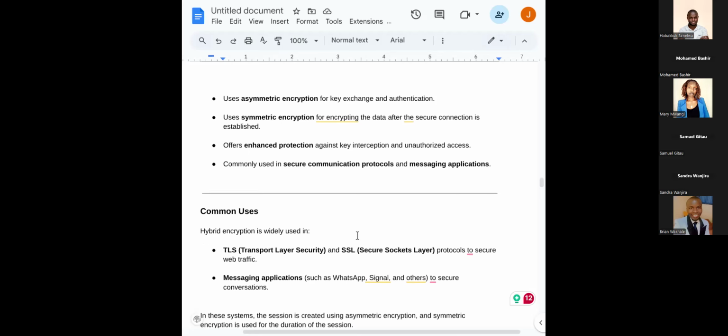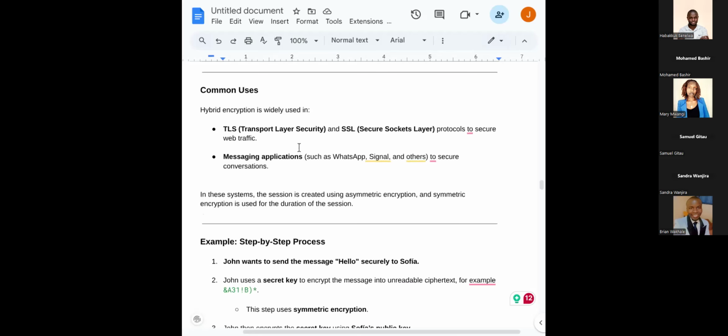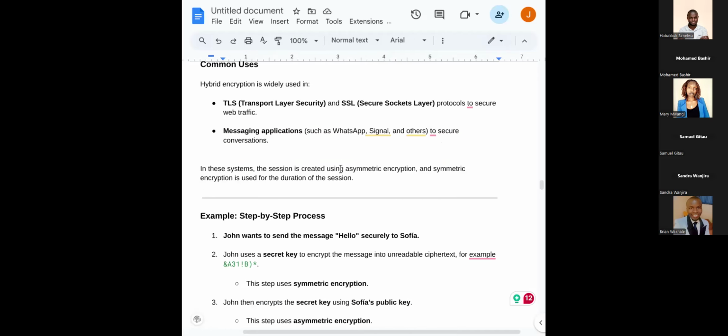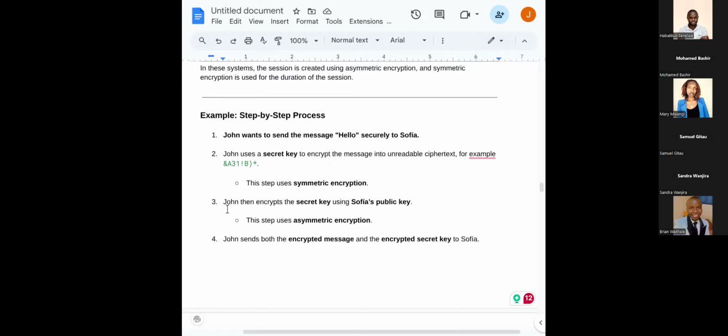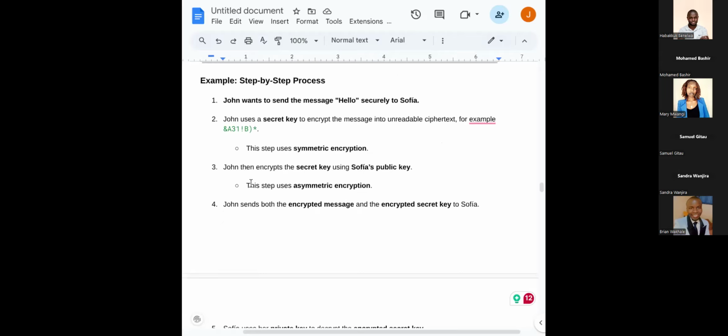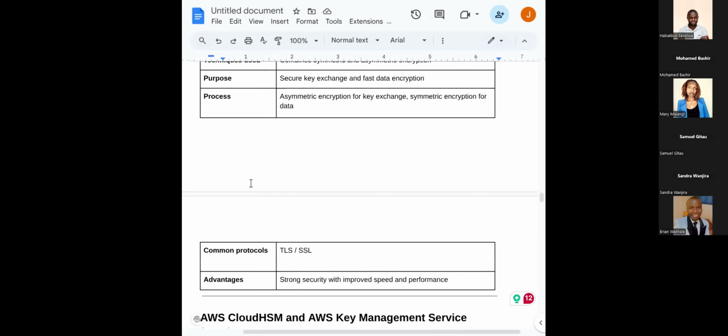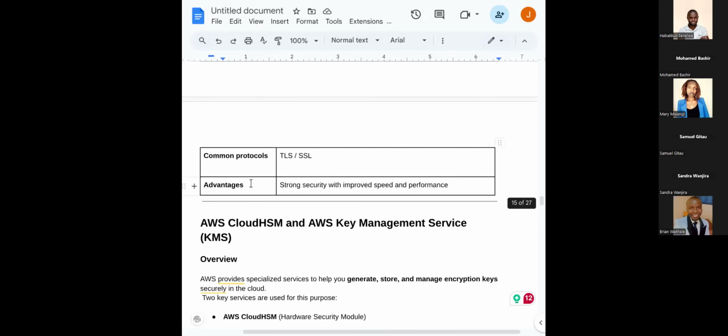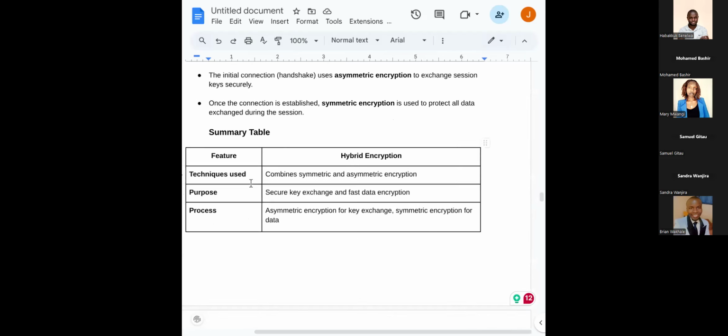Okay. So some of the common uses are in TLS, SSL, protection of data as it is moving, and in messaging applications, for example, WhatsApp and Signal and other messaging applications. We do not have standards for it, but it uses both.